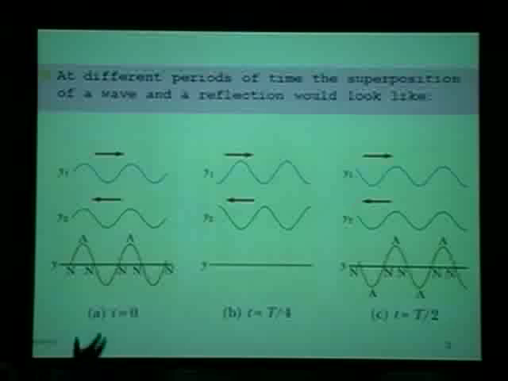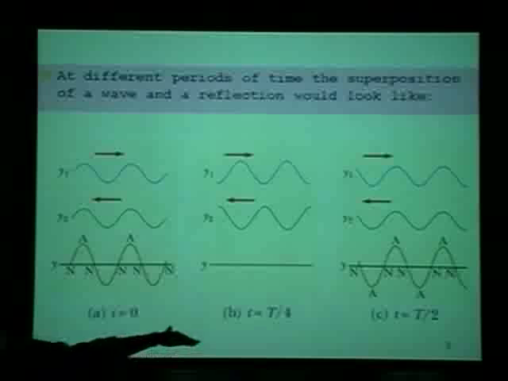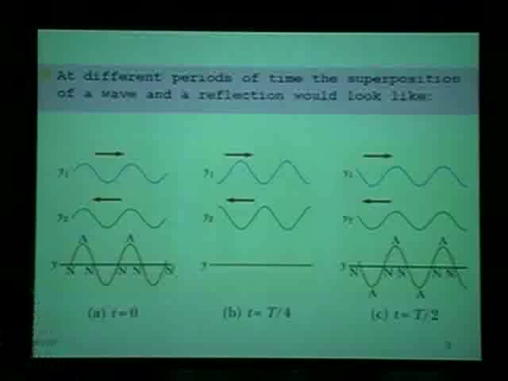Whereas a moment later, you might have one wave going up and the other going down, where they totally destructively interfere and cancel each other out. Then a little later, they go back into phase in the opposite direction, totally constructively interfering. The net result is an amplitude twice the individual amplitudes of the waves.